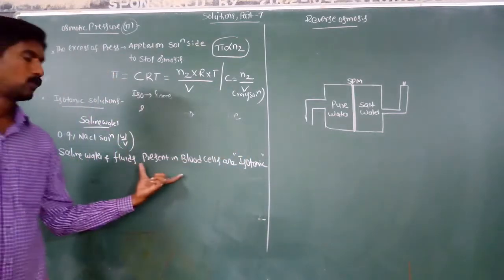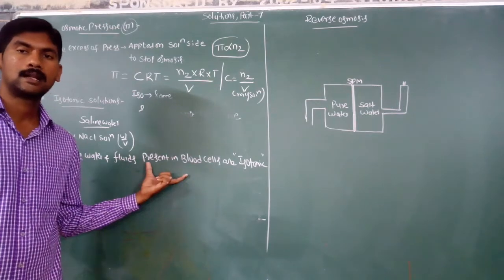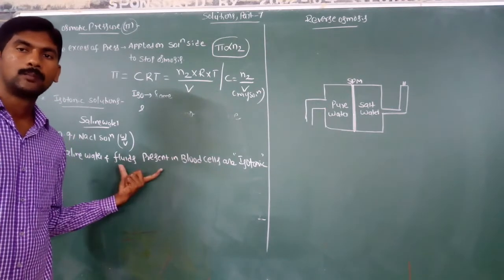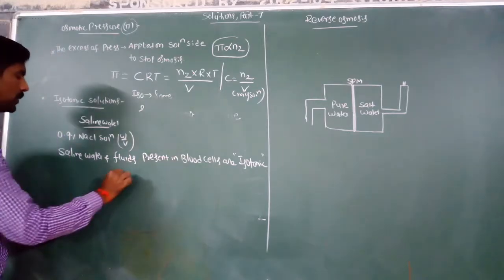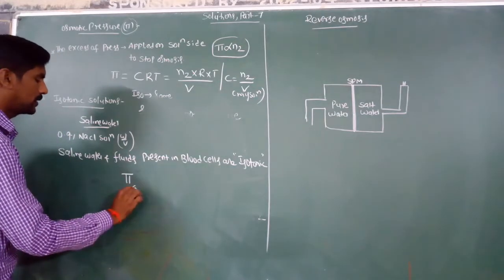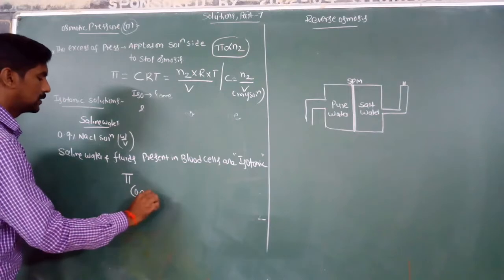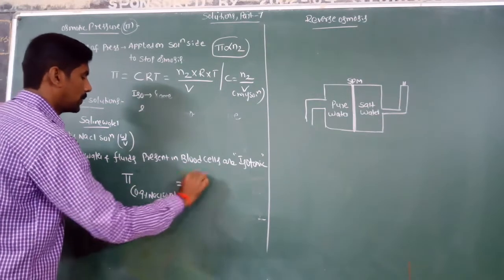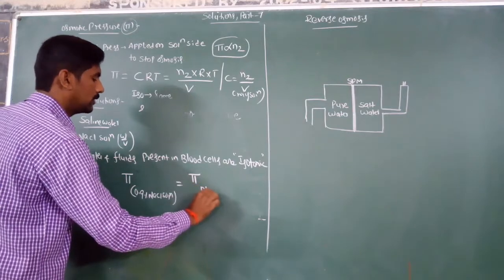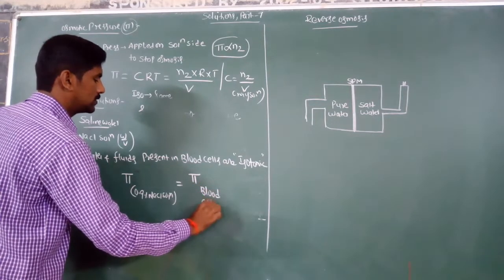Saline water and fluids present in blood cells are isotonic, which means both are having the same osmotic pressure. So pi of saline water, that is the 0.9% sodium chloride solution, is equal to pi of blood fluids.